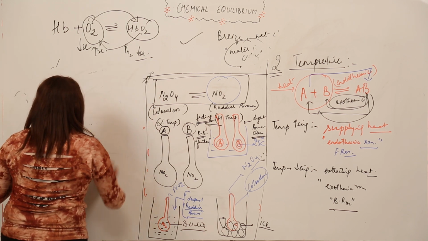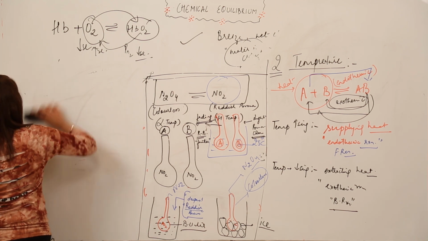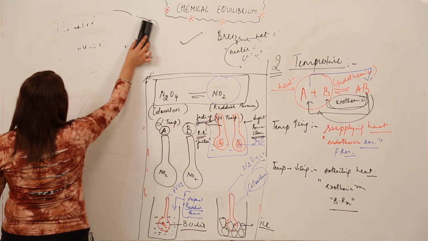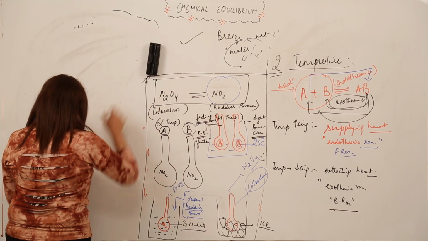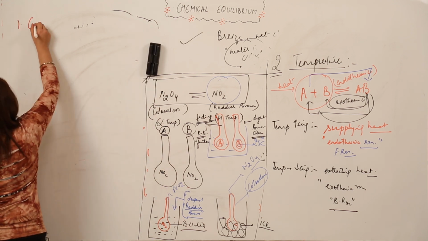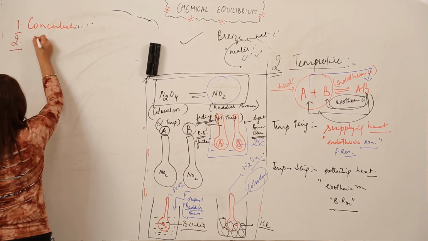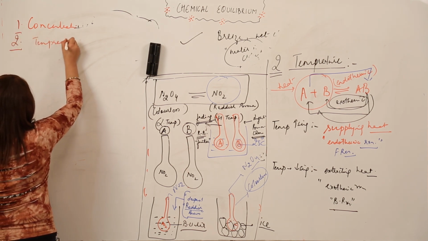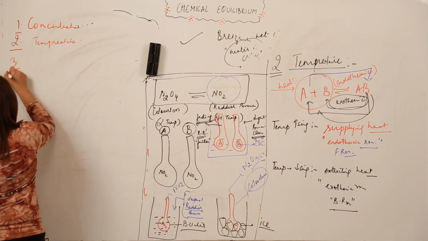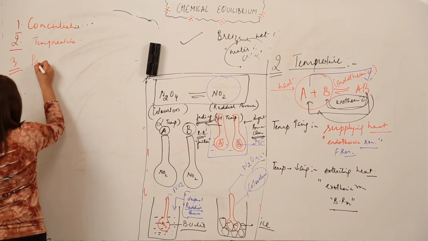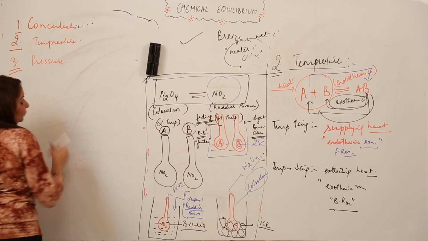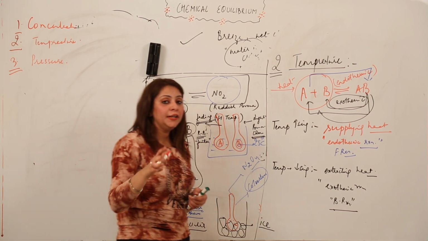Two we have already done. The first factor which we discussed was concentration, and you are clear with it, right? The second factor which I explained was temperature. Now the third factor which we are starting is pressure.